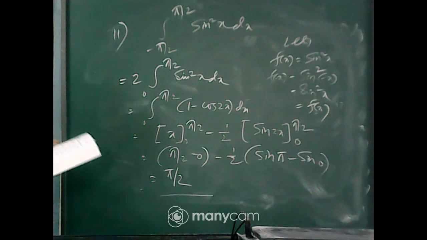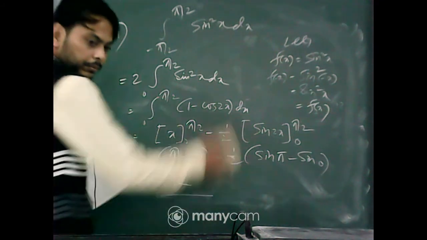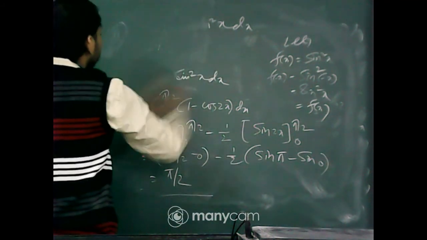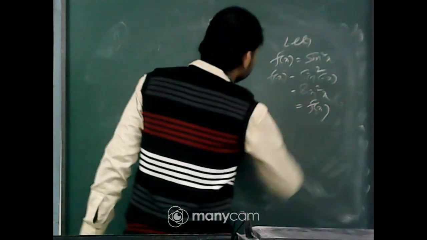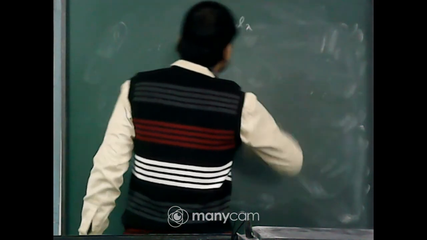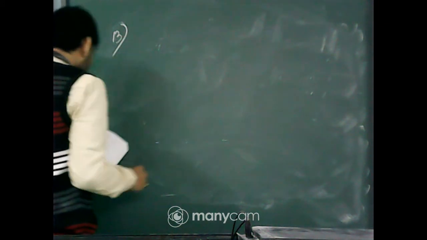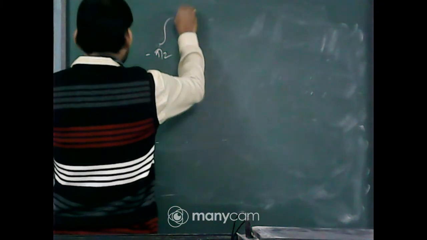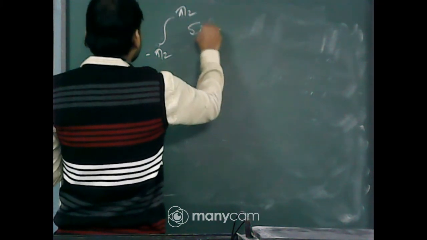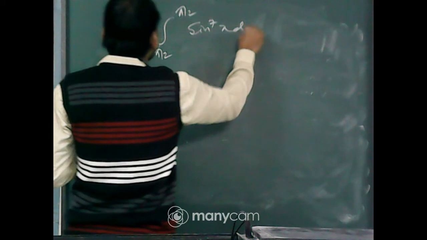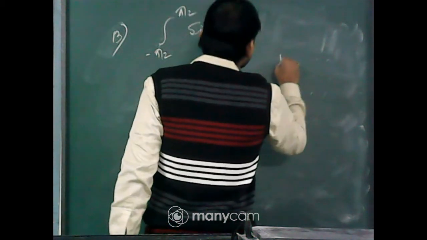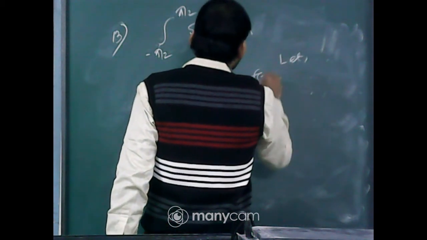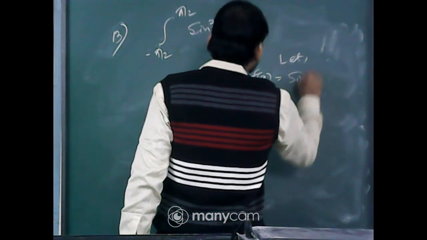Next, move on to question number 13. 11 is done. That is integration minus pi by 2 to pi by 2 sine to the power 7x dx. Here let us take f of x equals sine to the power 7x.